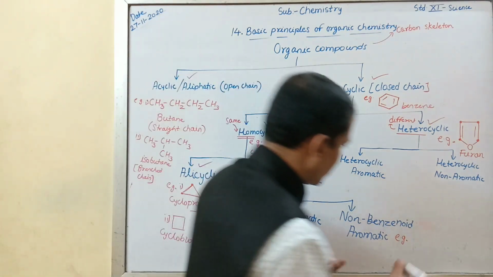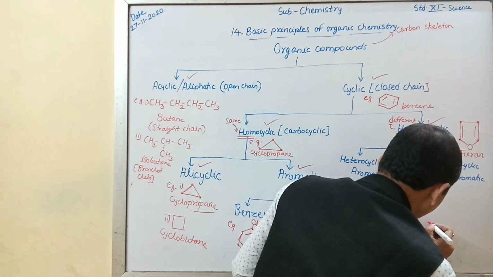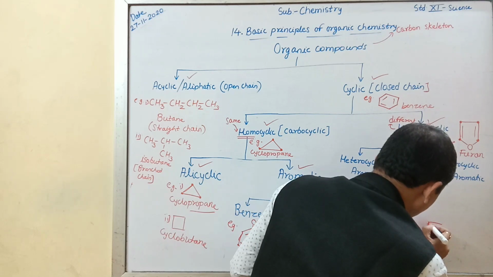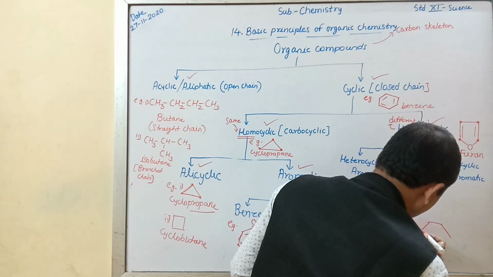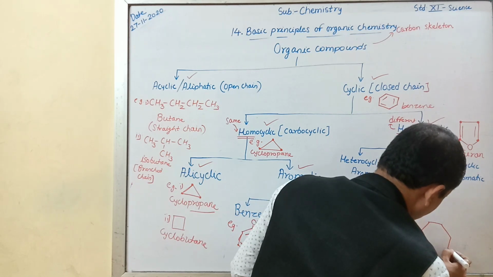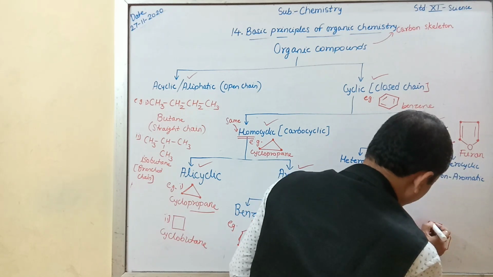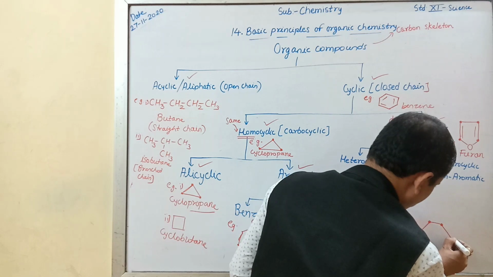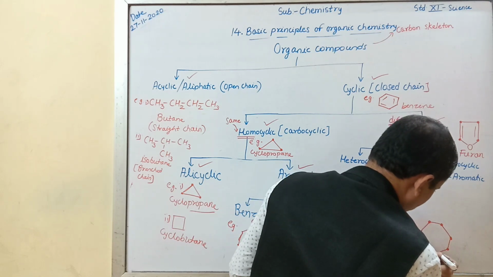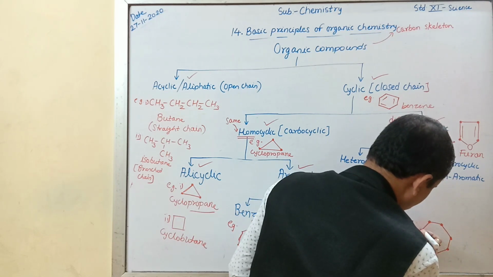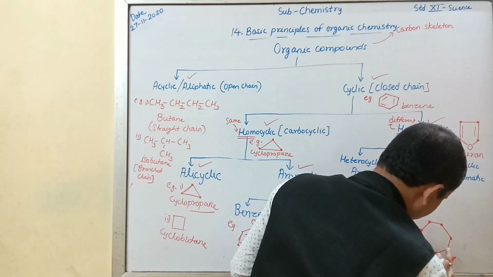Now see here in non-benzenoid: 1, 2, 3, 4, 5, 6, 7, and here you get oxygen.